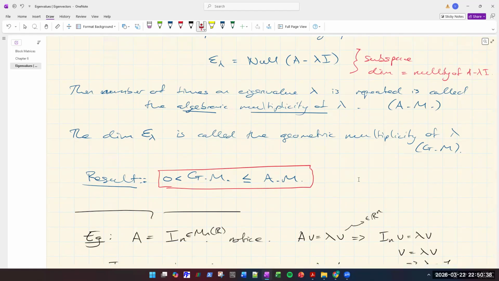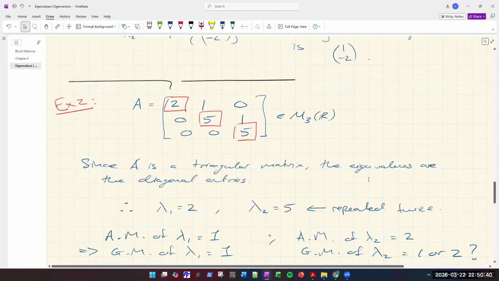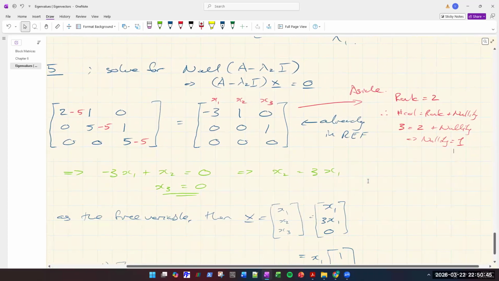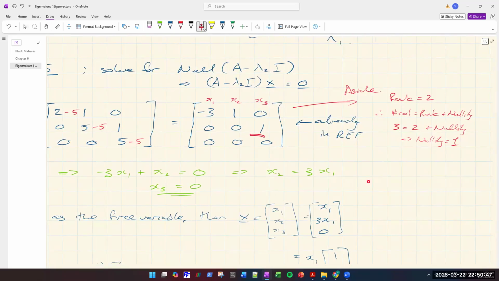So once you are in reduced row or row echelon form, you can immediately get the rank and do this quick calculation to the side, and it will tell you right away what the geometric multiplicity is. This is the geometric multiplicity for lambda 2.